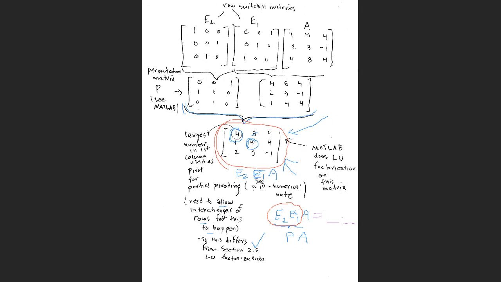Think of section 2.5. Good, Benjamin. Good, Hung. L times U. Right? And what you're used to seeing is A equals L times U. But because we're now including row interchanges, the matrix equation becomes P times A equals L times U.